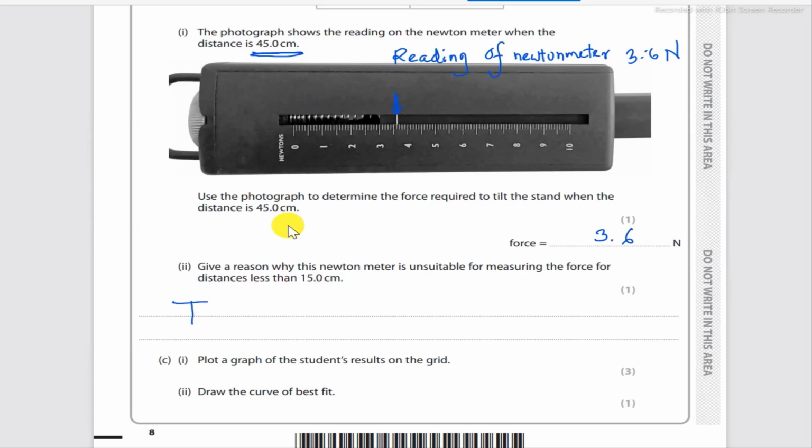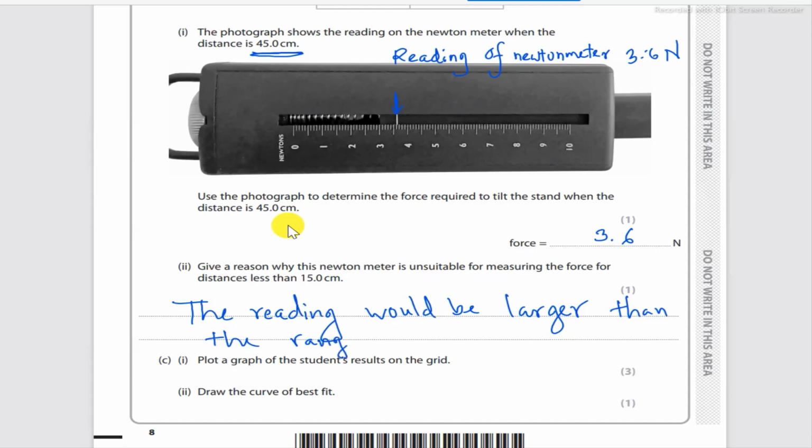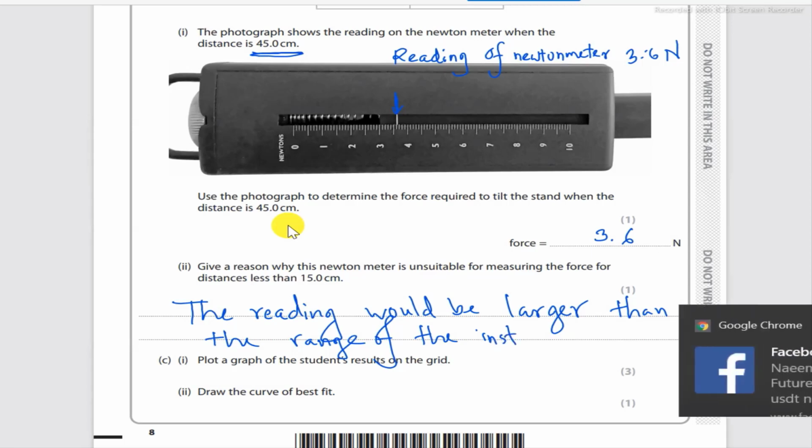Because the reading would be larger than the range of the instrument.